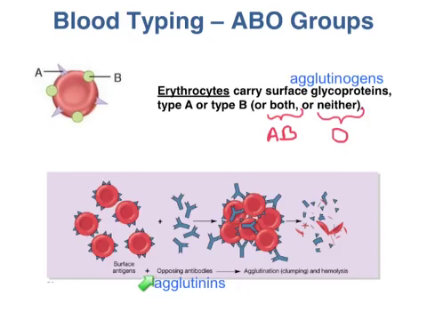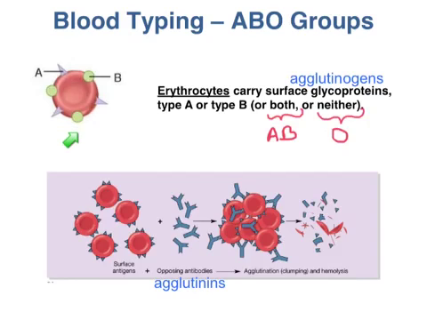Now think about this. If you're type AB, are you going to have preformed antibodies against A? No, because your blood cells normally have A. Are you going to have preformed antibodies against B? No, because your blood cells normally have B. Right?